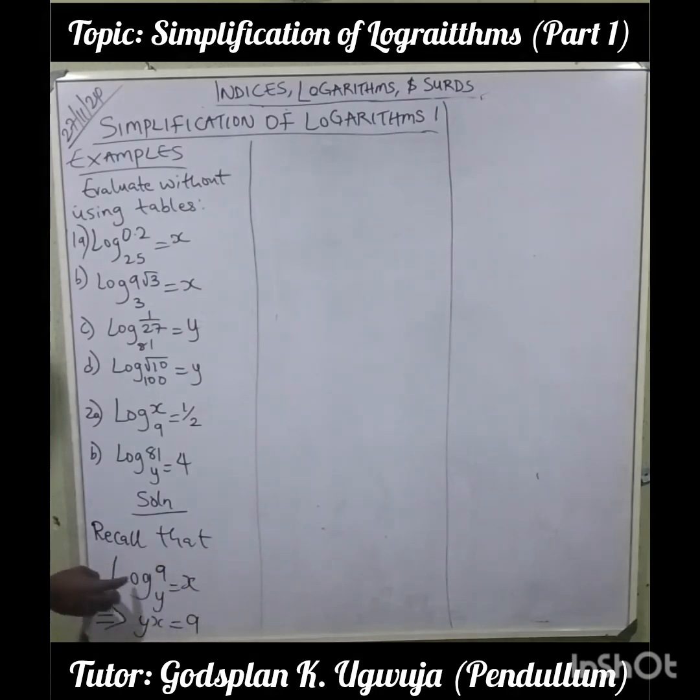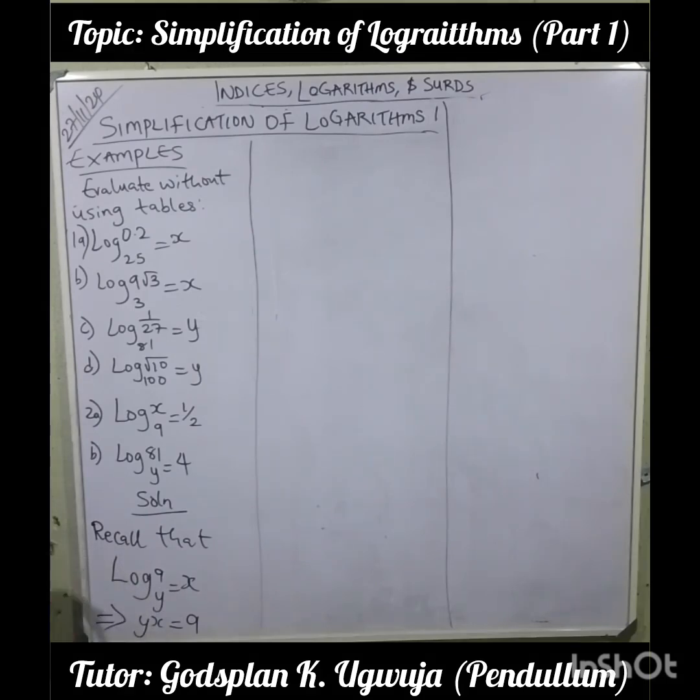If you have a logarithm like this and you want to change it to indices, the base of the logarithm will still be the base of the indices. The answer you get on the logarithm side will now become the index or the power for the indices, and then this number here in front of the logarithm becomes your answer for the indices. If you can put this relationship in your head, you will not find it difficult to resolve many logarithm problems.